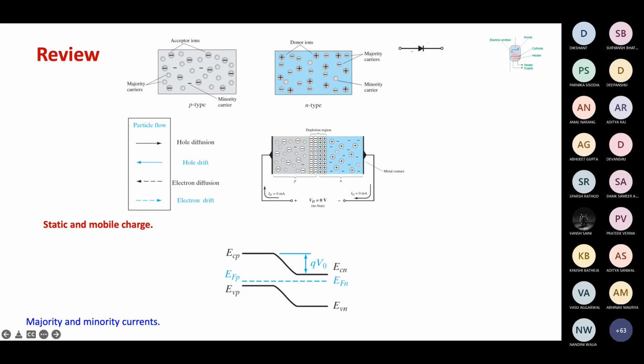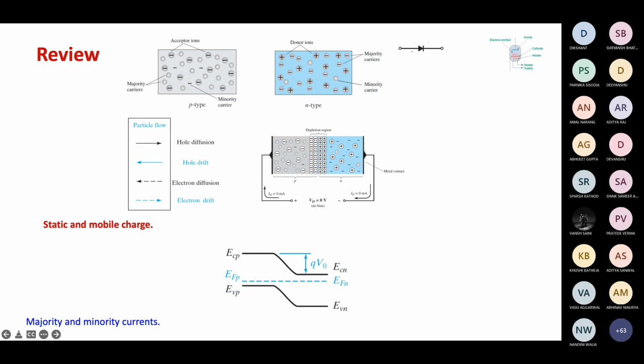There is an important point here that I guess we did not discuss last time: the number of carriers in a material is governed by the Fermi level in that material. We saw last time that if the Fermi level is closer to the conduction band edge, then electrons will be more, and if it is closer to the valence band edge, then the holes will be more.